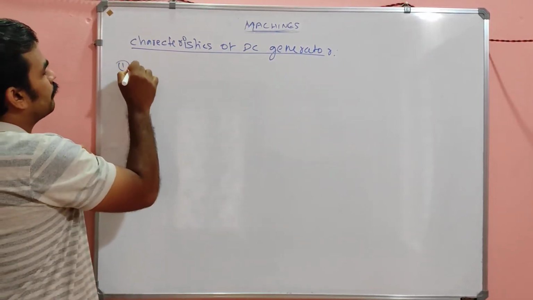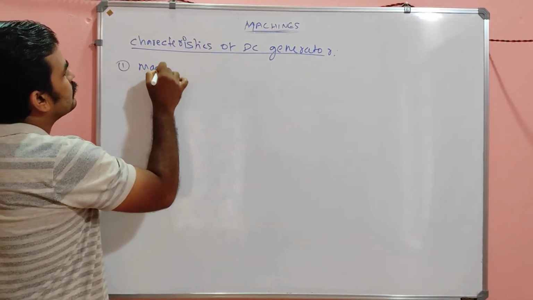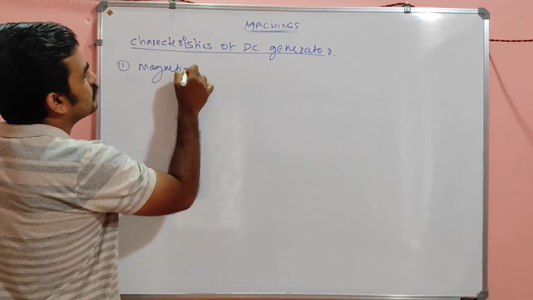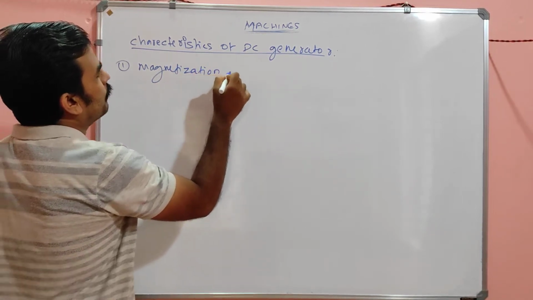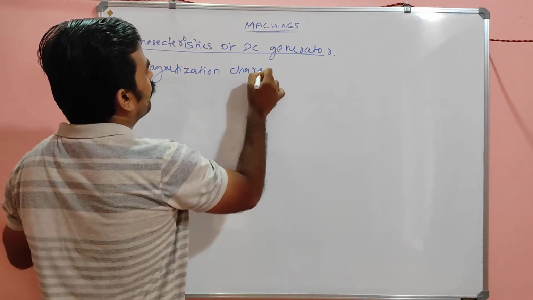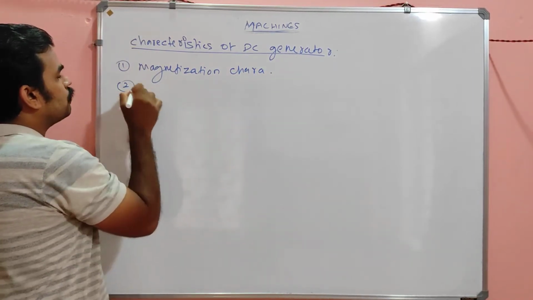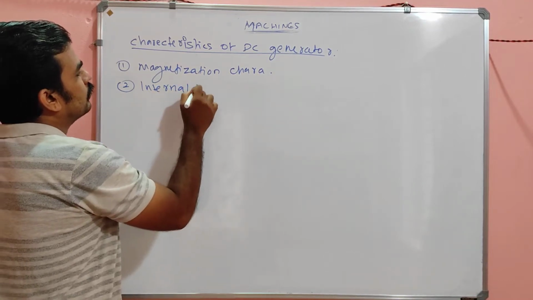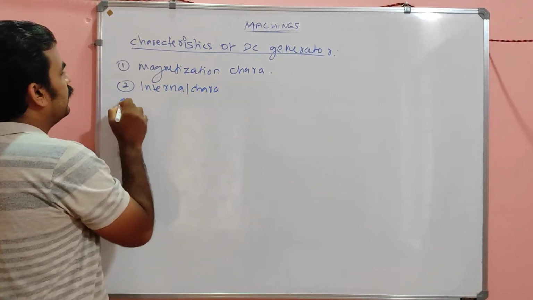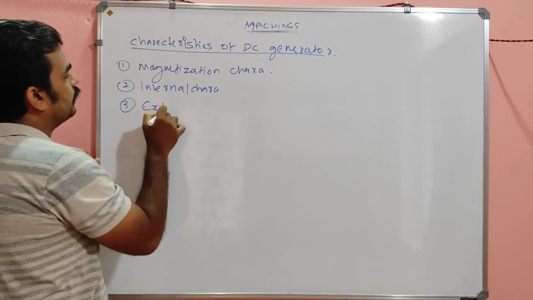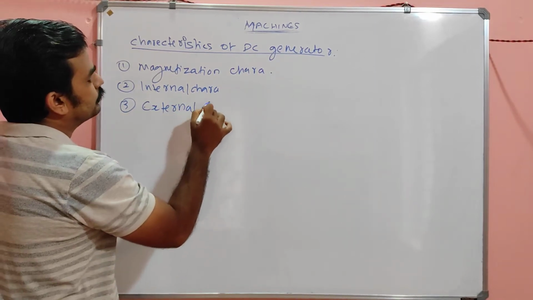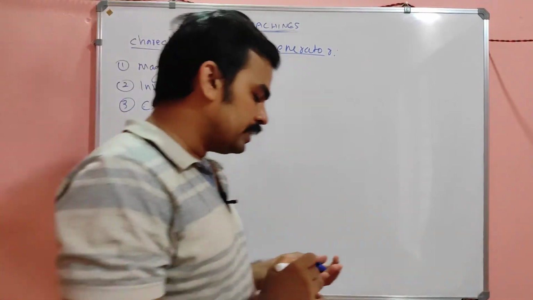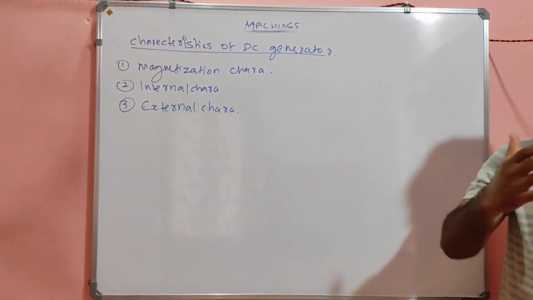First one is magnetic characteristics or magnetization characteristics, second one is internal characteristics, and third one is external characteristics. So these are the three types of important characteristics in the DC generator.